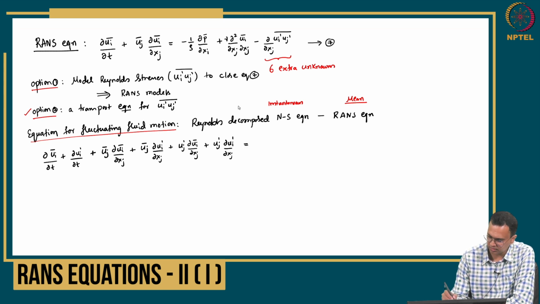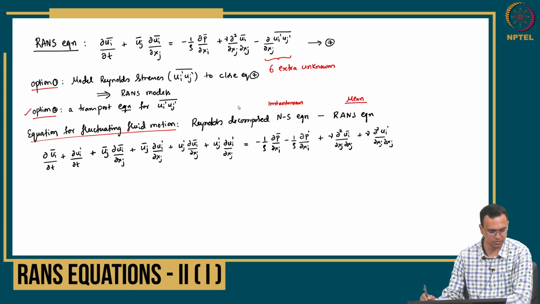And this is equal to, we have split the pressure term also into mean and fluctuation parts. So minus 1/ρ ∂p̄/∂xi minus 1/ρ ∂p'/∂xi, and the 2 viscous terms, which is ν ∂²ūi/∂xj² plus ν ∂²ui'/∂xj². What was the equation number for this?